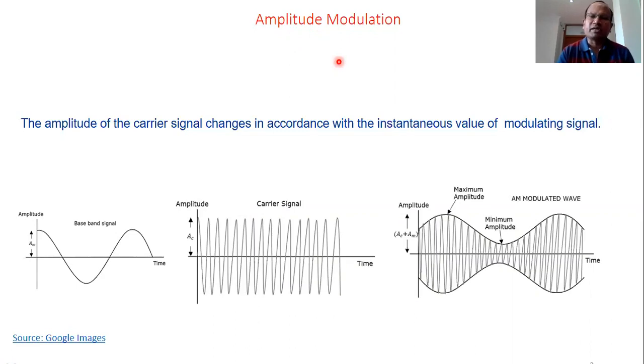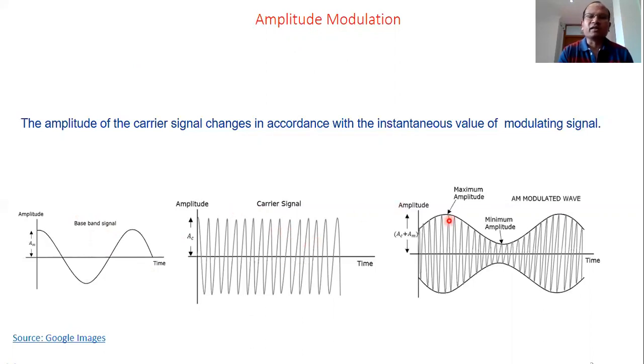We know that amplitude modulation is a process in which the carrier amplitude changes according to the amplitude of the modulating signal, or more appropriately, the amplitude of the carrier signal changes according to the instantaneous value of the message signal. Look at the message signal here. If the instantaneous value of this signal changes, what will happen?